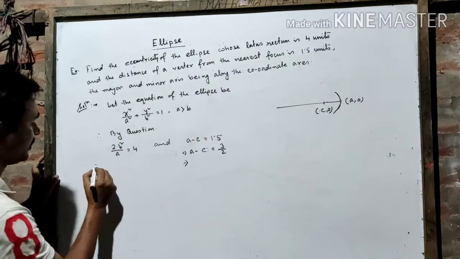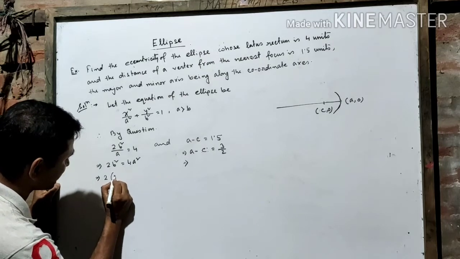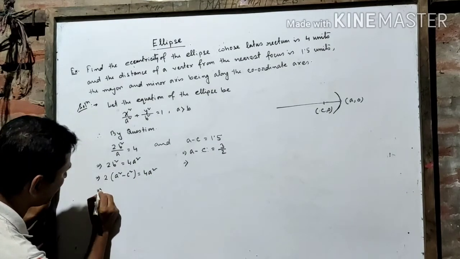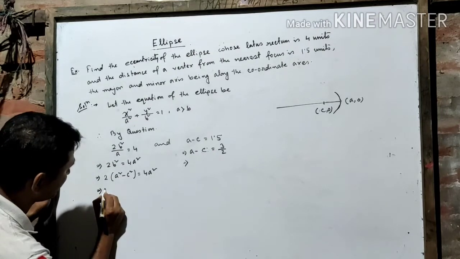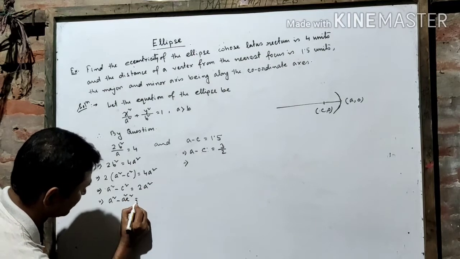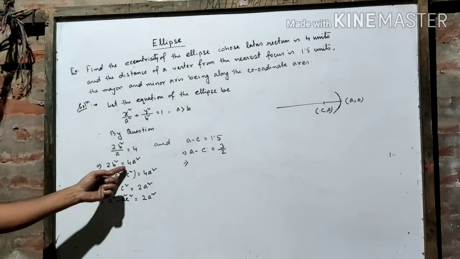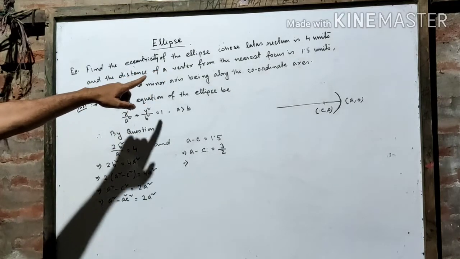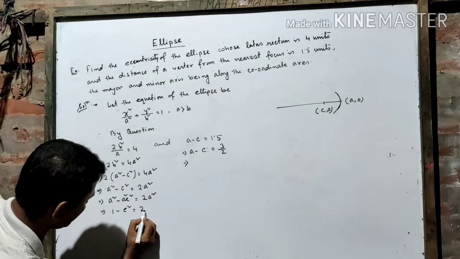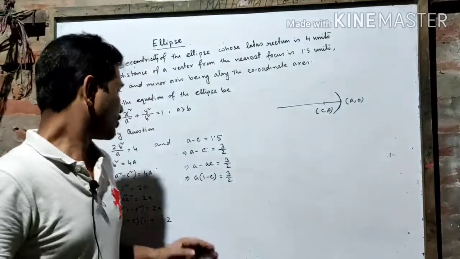One part gives us 2b square by a is equal to 4.